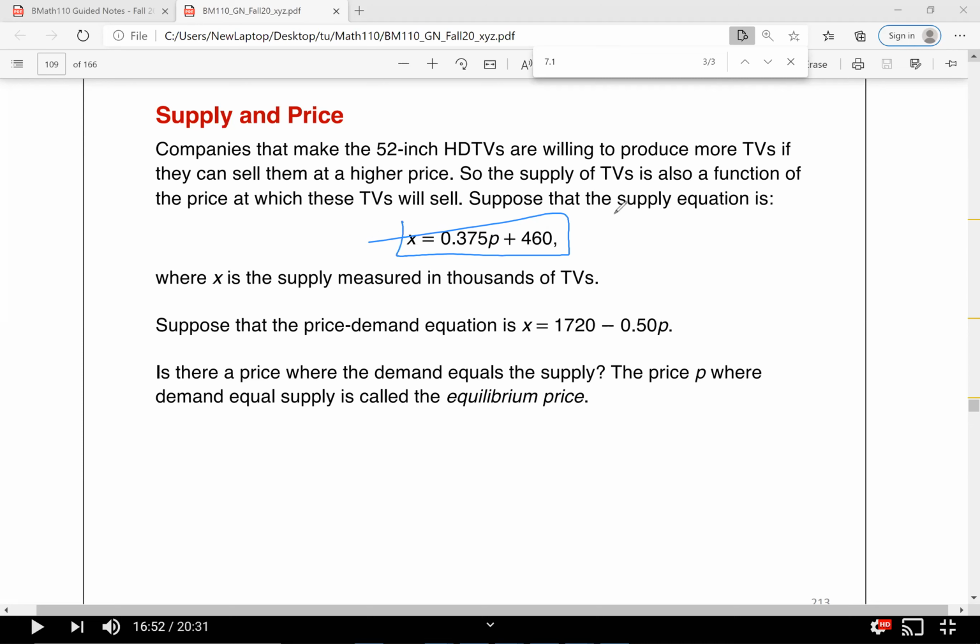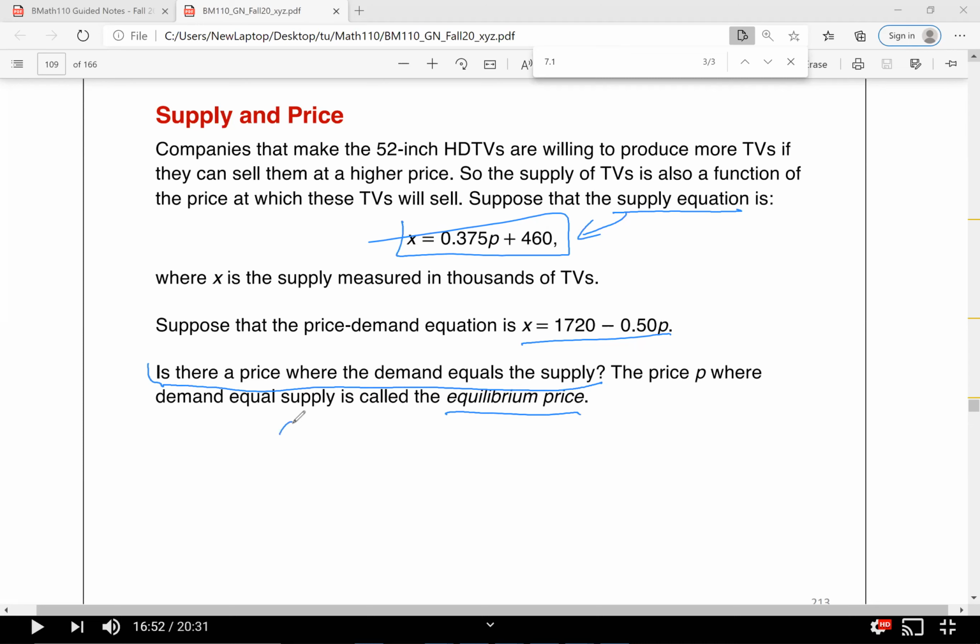You should understand that the supply equation is this one, and the demand equation is this one. If they ask whether there is a price where the demand equals the supply, it's also called the equilibrium price, the price that makes the demand and the supply equal to each other.